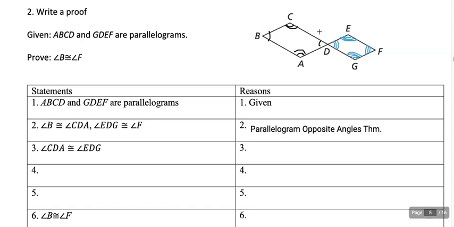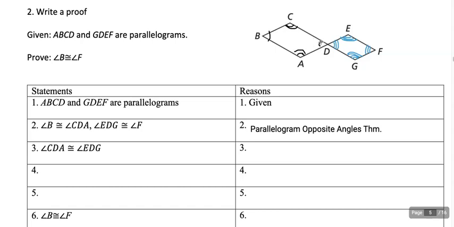I can't just call it angle D because angle D has four angles here: one angle here, and 3 and 4 here. So I could look at angle D going in any one of those. Is it this angle D or this angle D? We have to be more specific, which is why I use three letters. So angle B is congruent to CDA.